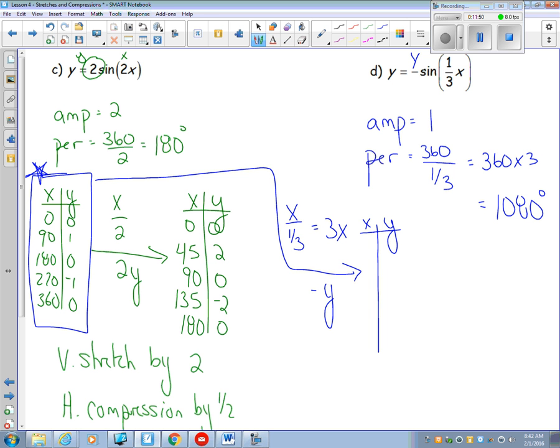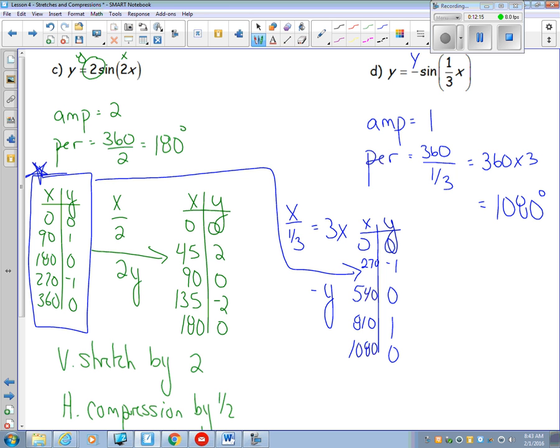So 0, then 270, then 540, then 810, then 1080. And there's all your x's. Your y's, we're taking the negative of them, remember? So 0 is still 0. The negative 1 will be negative 1. Then 0, then 1, then 0.